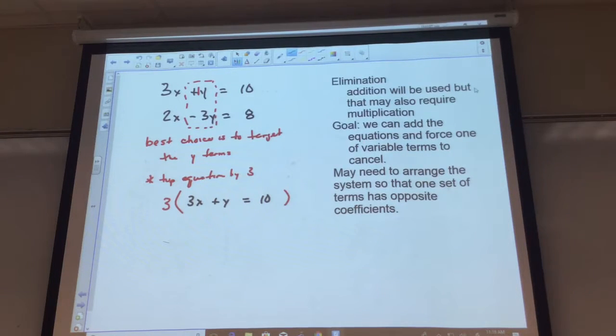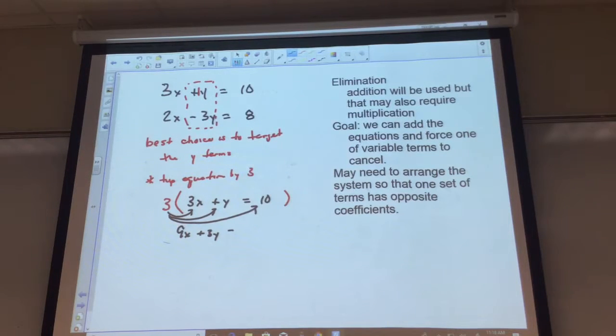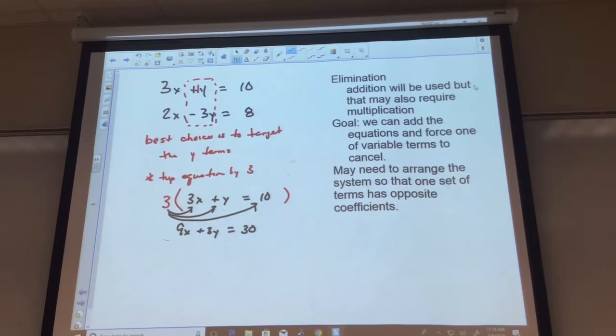Now that's a transformation, a change step. When we do that multiplication problem, remember that it's all the way across the equation, everything. So we're going to get a 9x, we're going to get a plus 3y, and we're going to get a 30. Common mistake, people forget to multiply the constant term as well.